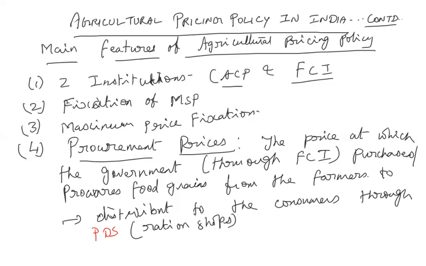So what should be the maximum price that has to be paid by the consumer when purchasing from the ration shop? We all know that the prices of the commodities sold through the ration shops are lesser than the prices prevailing in the open market, isn't it? So that the consumers will not suffer. That is one thing, the distribution of the produce to the consumer through PDS. And another thing is to maintain buffer stock. These are the two things that are done by the Food Corporation of India.